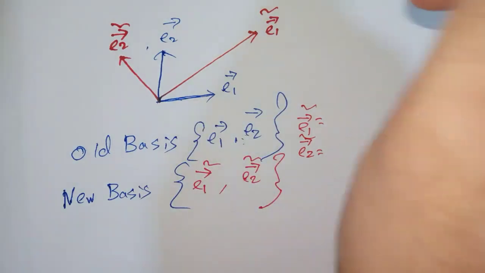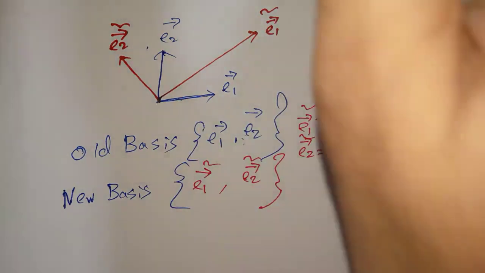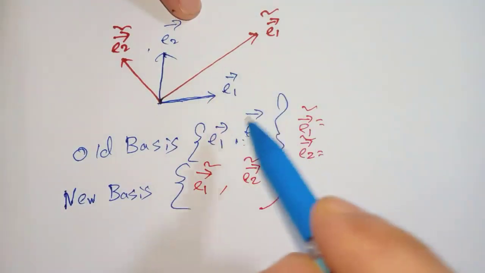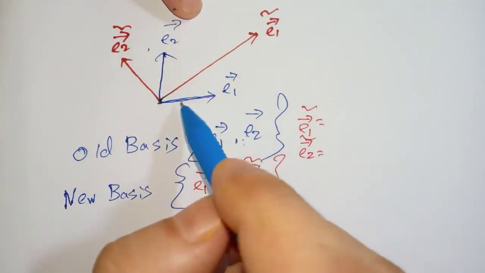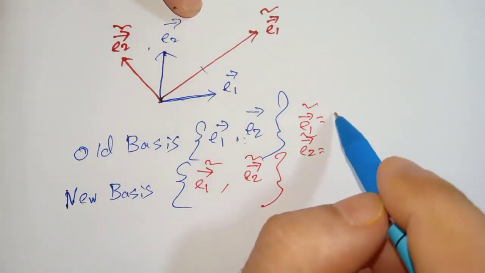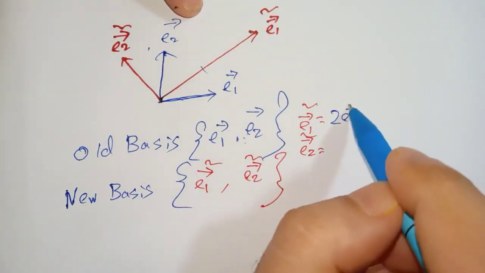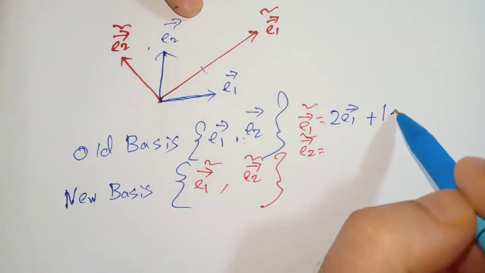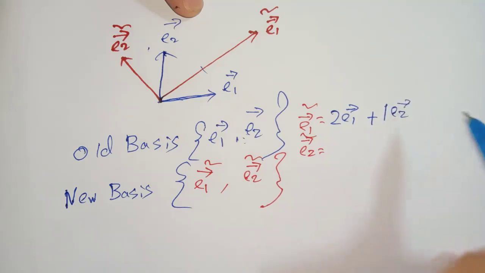What we see over here, if we want to get to this, we need twice of E1, because this one and then this one. So we put it as 2E1, plus we need a single E2, so 1 E2.